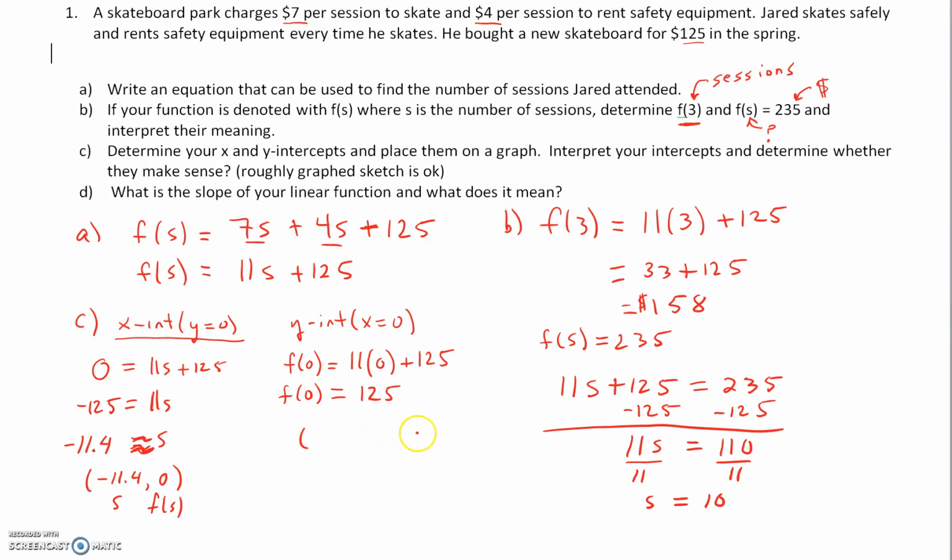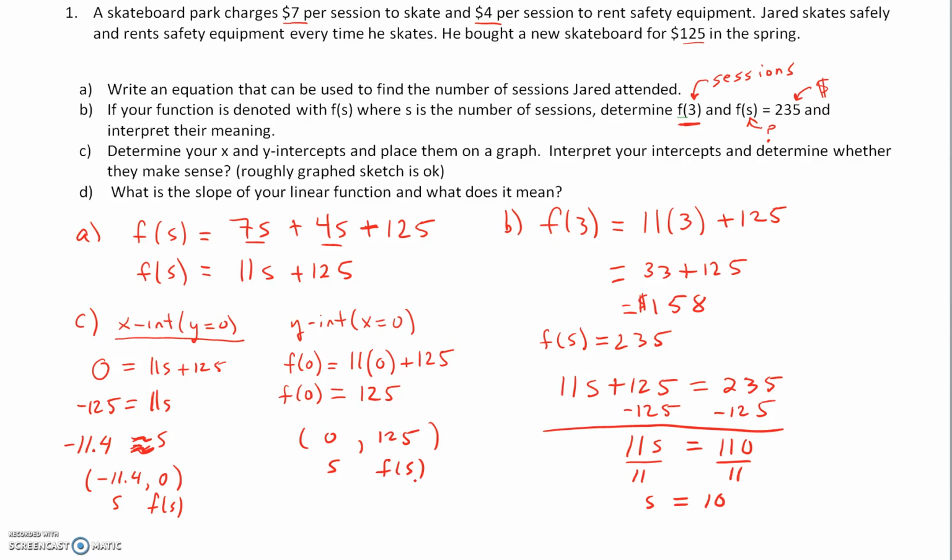So my coordinate is going to be x value of 0, y value of 125. Once again, 0 is the skate sessions, 125 is my cost. So I can interpret this as, after not skating at all, Jared spent $125, which makes sense because he bought a new skateboard. No matter if he skated or not, he still spent money on skateboarding.